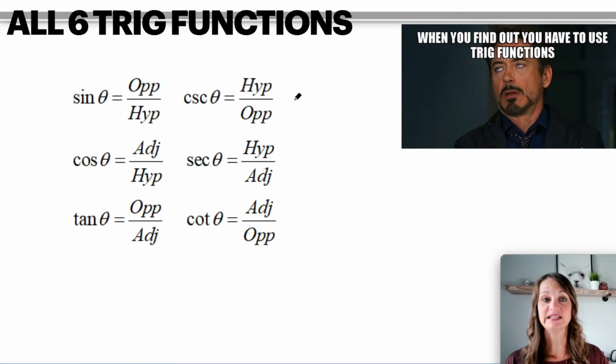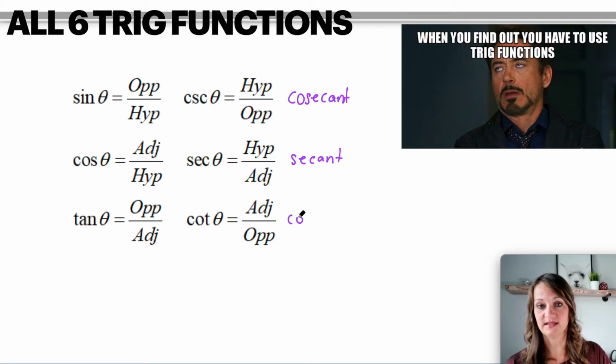Now, there are actually 6 different trig functions. We have reviewed sine, cosine, and tangent, but there is also cosecant, secant, and cotangent. The very interesting thing about these is that they are reciprocals of the original trig functions. So cosecant and sine are reciprocals of each other.